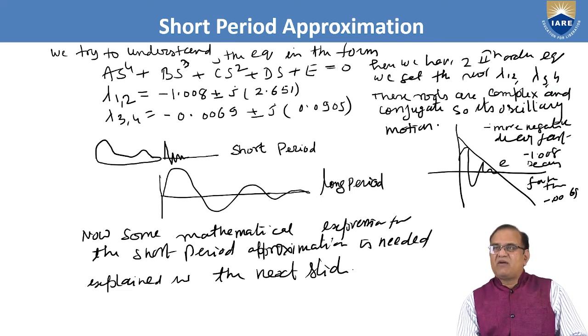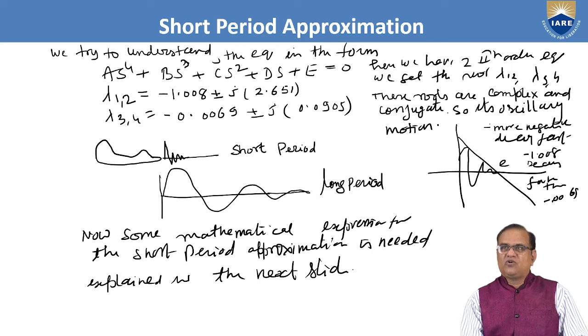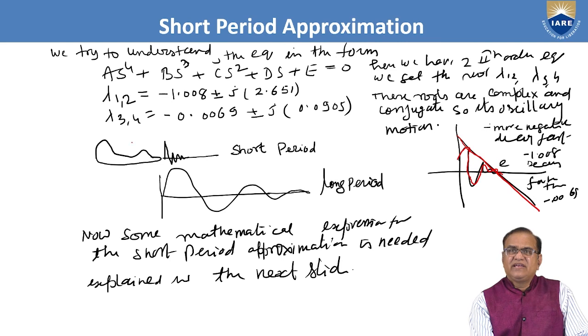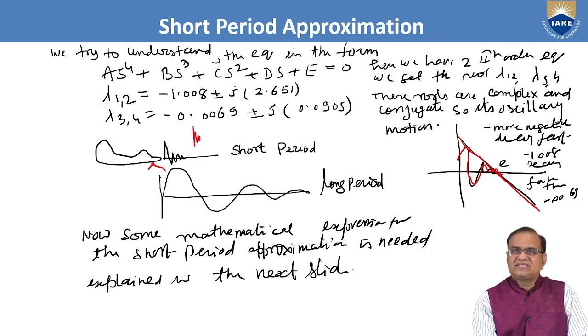These roots are complex conjugates, so it is of oscillatory nature. This will be oscillating, which you can see here in this diagram. If you touch all the peaks, you will get an envelope like this. If you disturb here, it will go like this and it will stop.